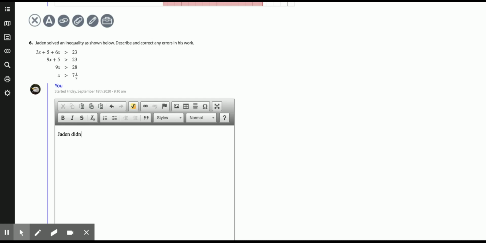Jaden didn't use the subtraction equality property properly. He should have gotten 9x is greater than 23 minus 5, which is 18.